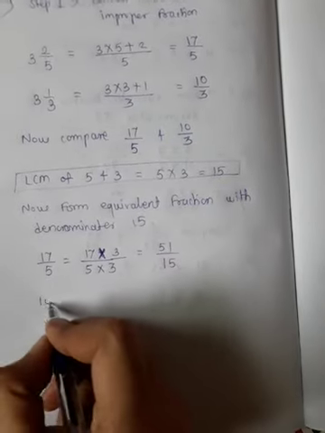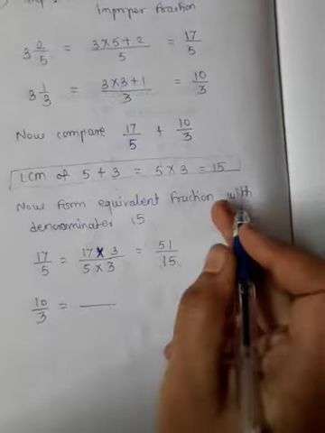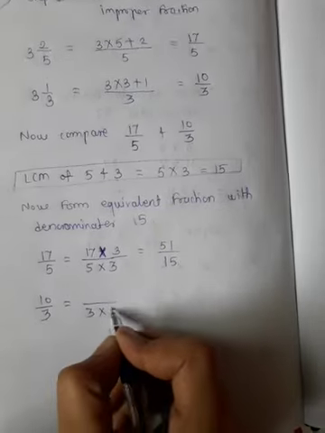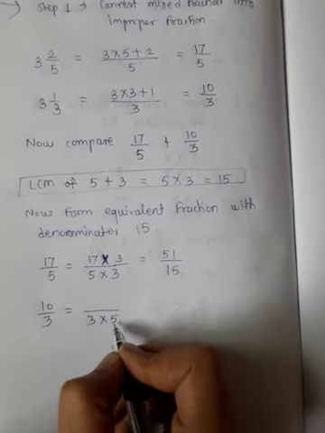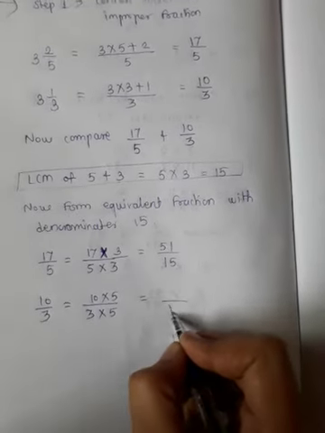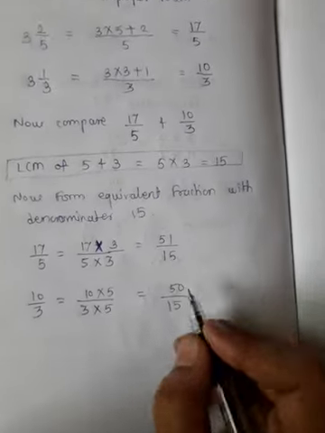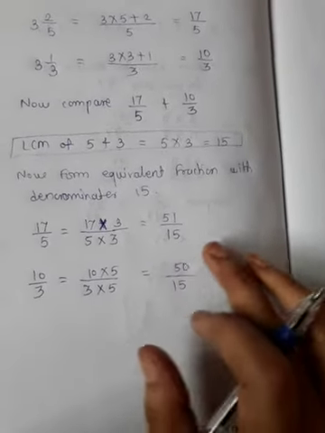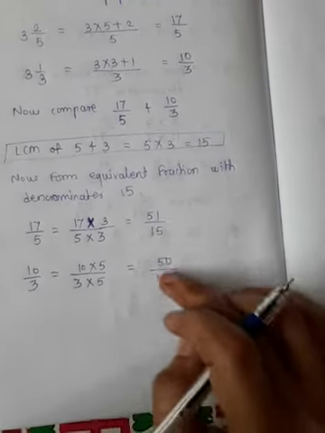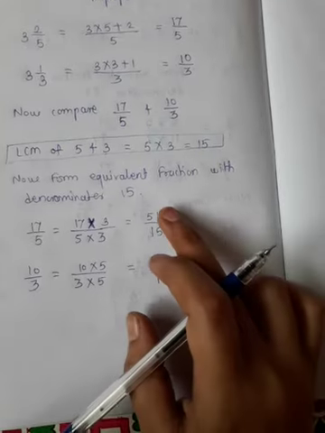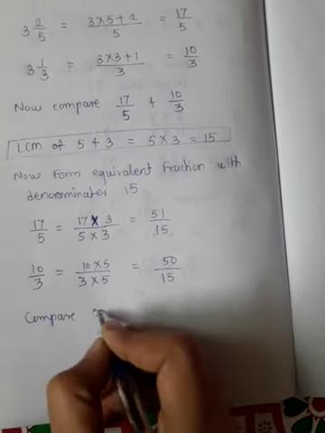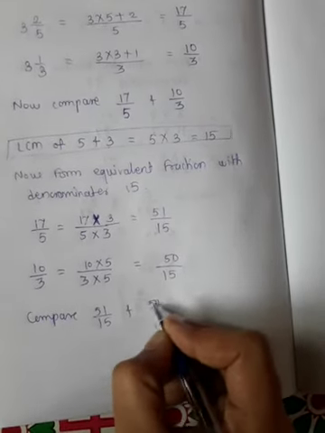Now find the equivalent fraction of 10 by 3 with denominator 15. To make the denominator 15, we have to multiply 3 by 5. As we multiply the denominator by 5, we also multiply the numerator by 5. It gives 3 5s are 15 and 10 5s are 50. Now compare 51 upon 15 and 50 upon 15.